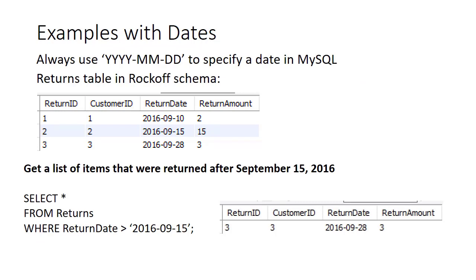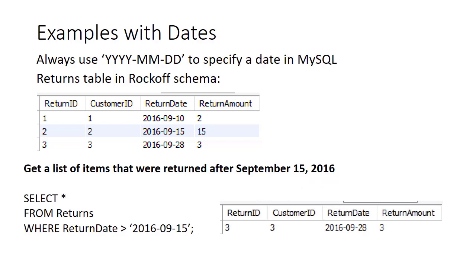So an example with dates. First of all, note that this is the format we use for dates in MySQL. The 4-digit year, 2-digit month, and 2-digit day, with the single quotes for the delimiter. This is the returns table from Rockoff. So our question is, get a list of items that were returned after September 15th, 2016.